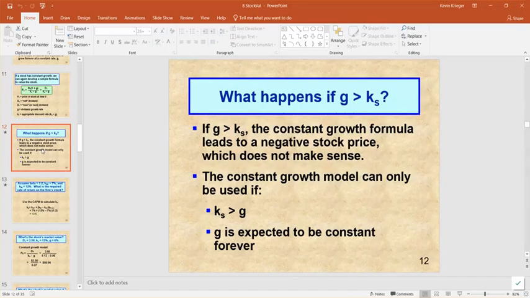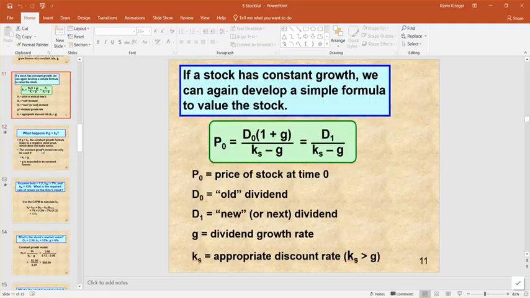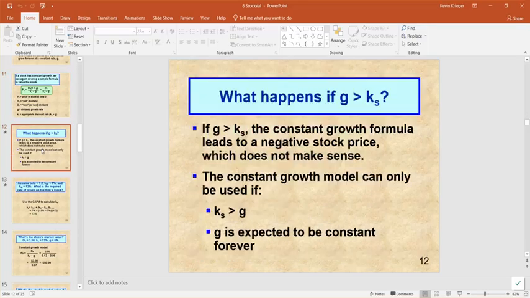And again, it would be a bupkis thing ever to have a permanent growth rate higher than your KS. Stocks might grow super fast in their dividends for a while, but you wouldn't have them constantly growing permanently forever at a rate higher than your KS. That would never really happen. But that's a hat tip to the part where this formula only works when you indeed have a permanent G.